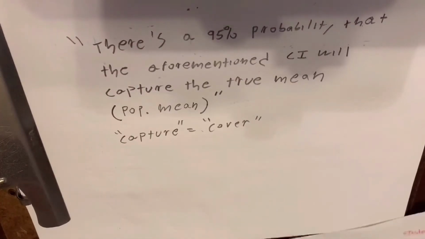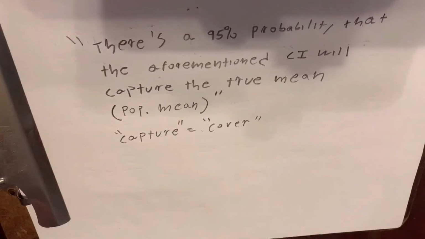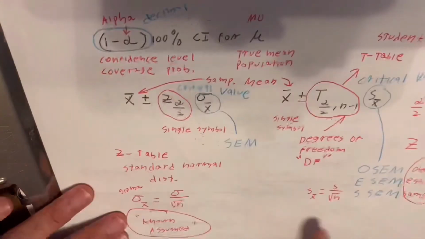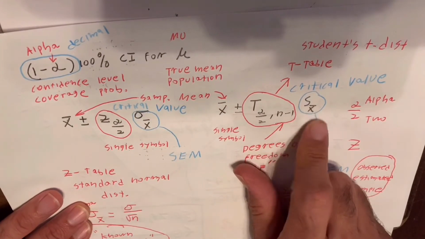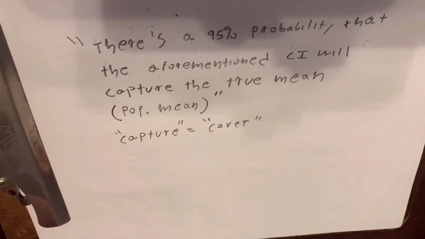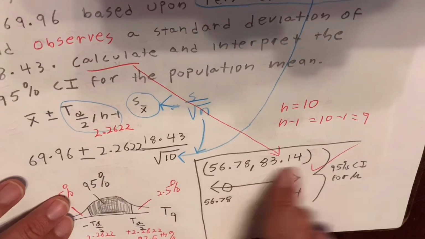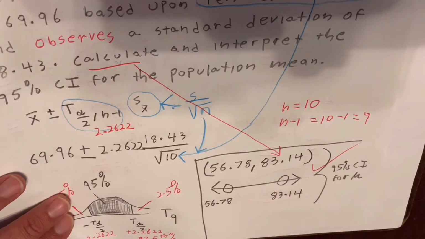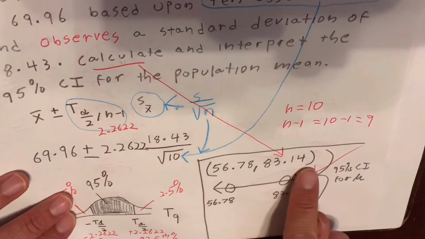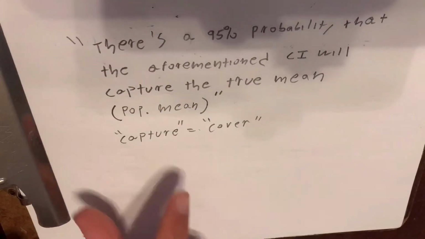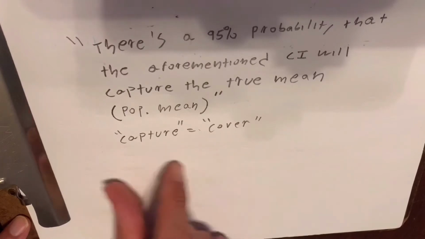So the idea here is that if you were to replicate this estimation process, where we collected data, estimated the sample mean, got this critical value, used this formula, and got this whole thing, and you repeated it, let's say 1,000,000 times, performing the same experiment 1,000,000 times, you'd be getting different confidence intervals and they'd be moving around.